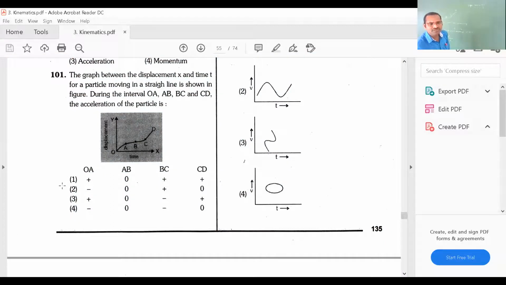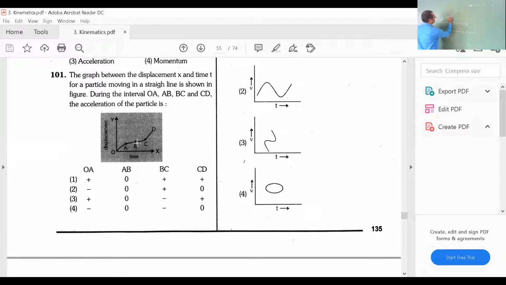Now you should check from first to third. Now A to B, all are zero, so no need to consider this.